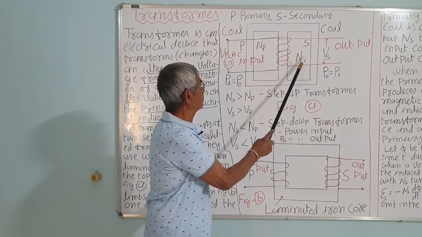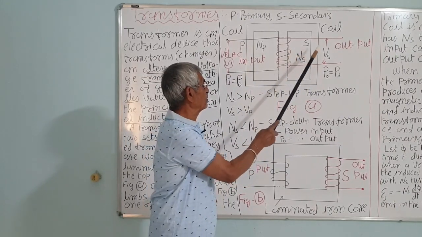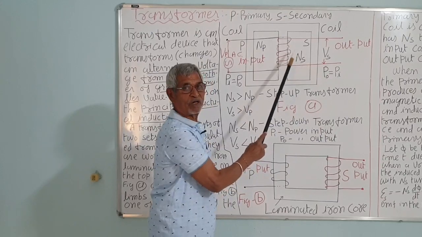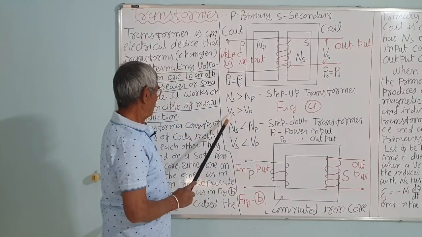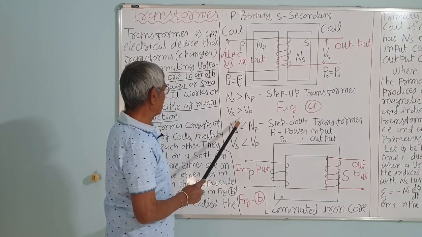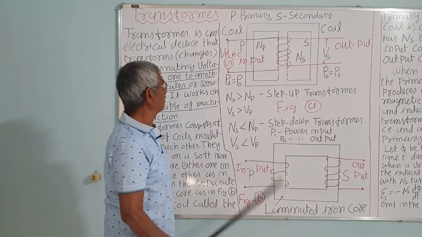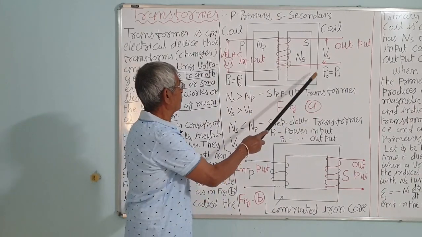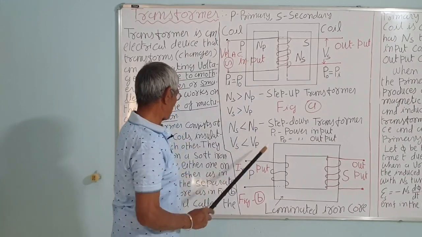If NS is 2 times NP, then the output voltage will double. If it is 100 times, the output voltage will be 100 times, and so on. If Ns is greater than Np, then Vs will be greater than Vp, the input voltage.